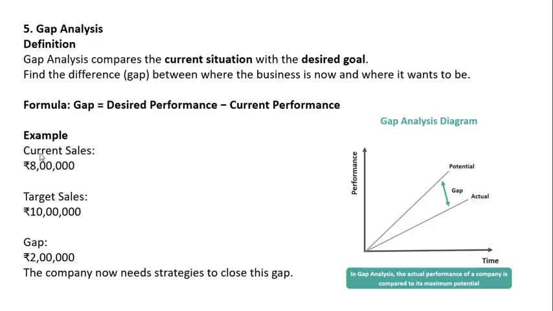For example, current sales are 8 lakhs and the targeted sales are 10 lakhs, so the gap is 2 lakhs, and the company now needs a strategy to close this gap. The figure shows the current sales, the targeted sales, and the gap between them.